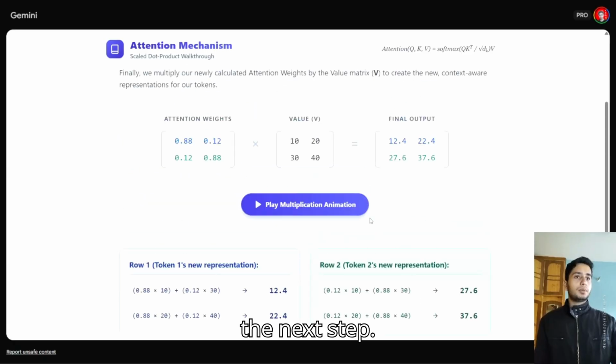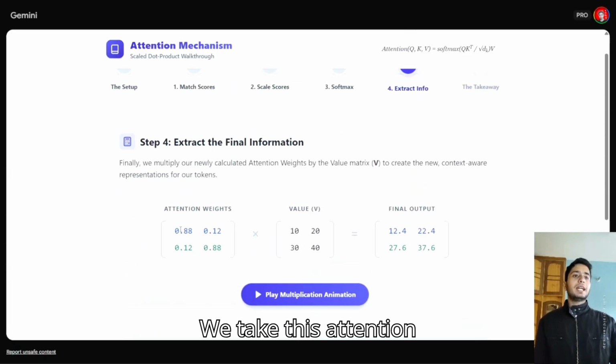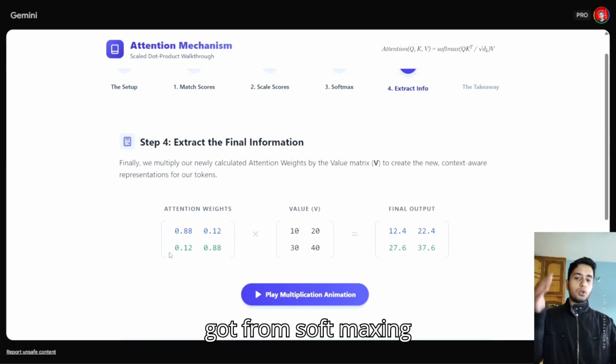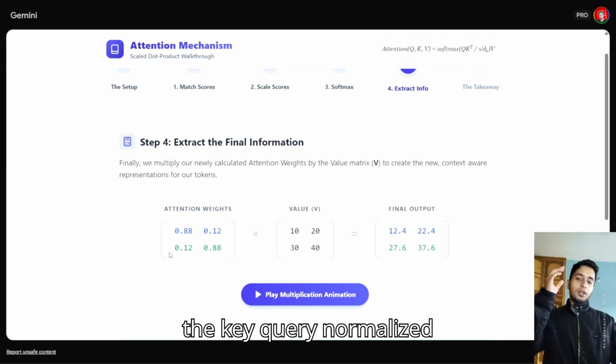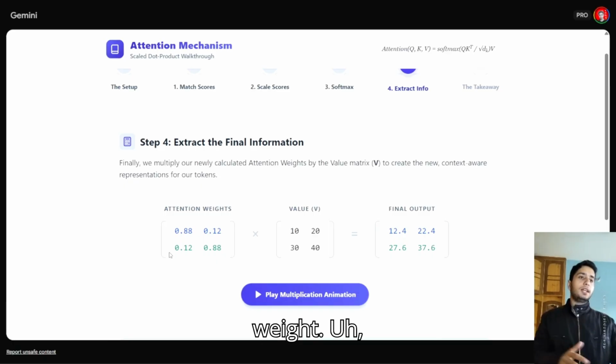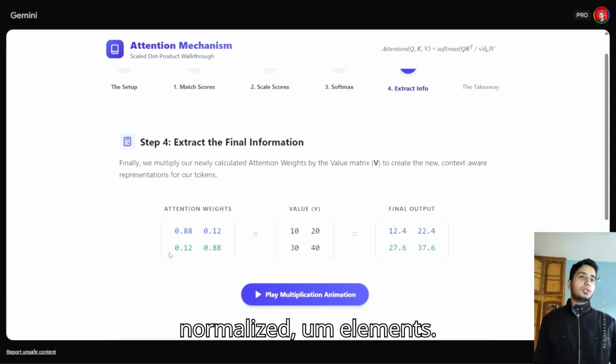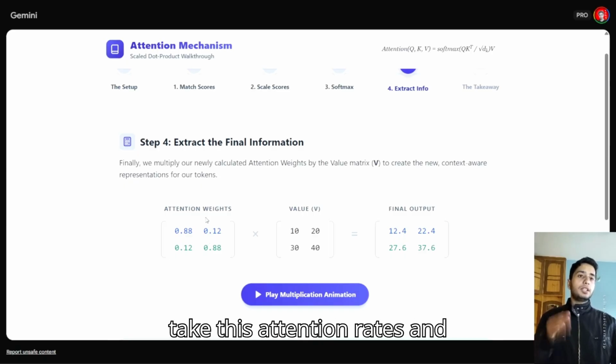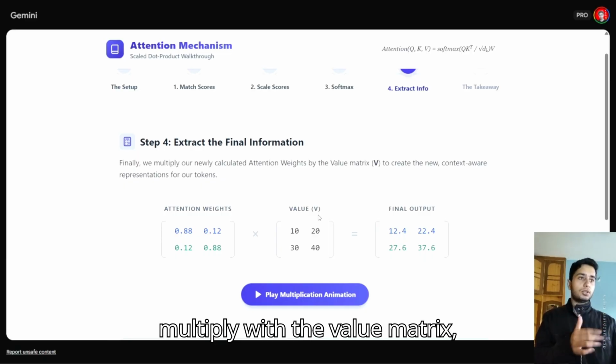In the next step, we take these attention weights, this 0.88 and 0.12, which we got from softmaxing the scaled query-key scores, and we multiply them with the value matrix.